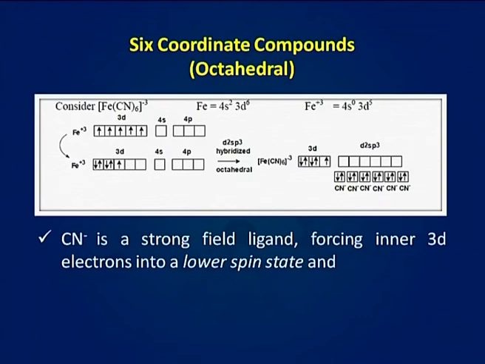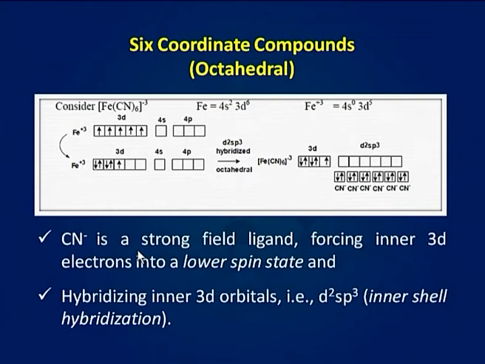You can note that CN- is a strong field ligand forcing inner 3d electrons into a lower spin state and hybridizing inner 3d orbitals, that is d2sp3.